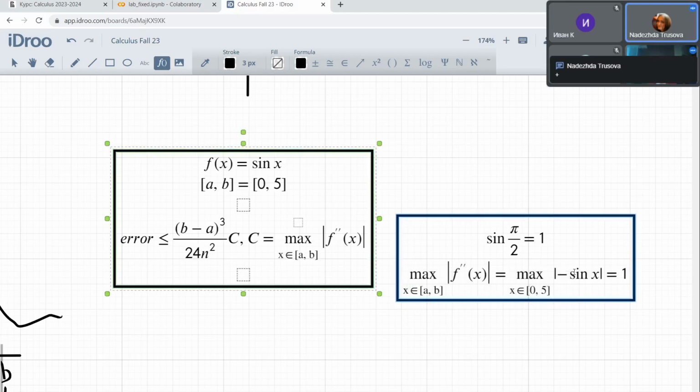Just one question: if we have something not sine but some more complicated derivative, we just have to calculate some series of numbers, or how to do it? That's an open question. Sometimes it depends on the function.